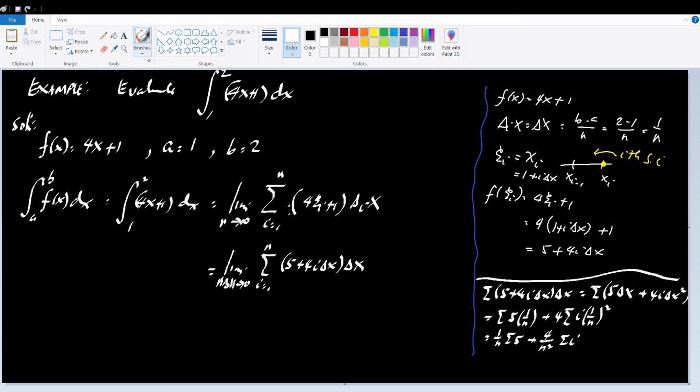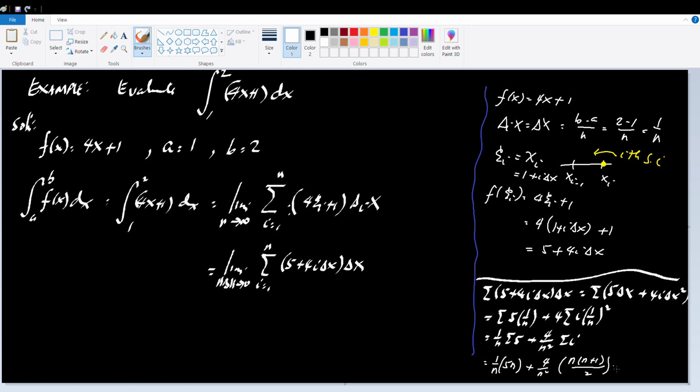Okay? And the sum of the constant 5 is 5n, plus 4 over n squared. The sum of i, the formula is n times n plus 1 all over 2. Okay?